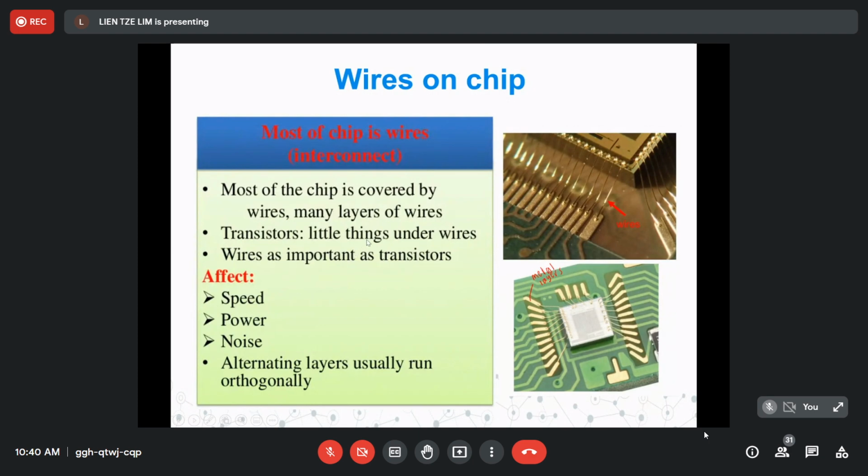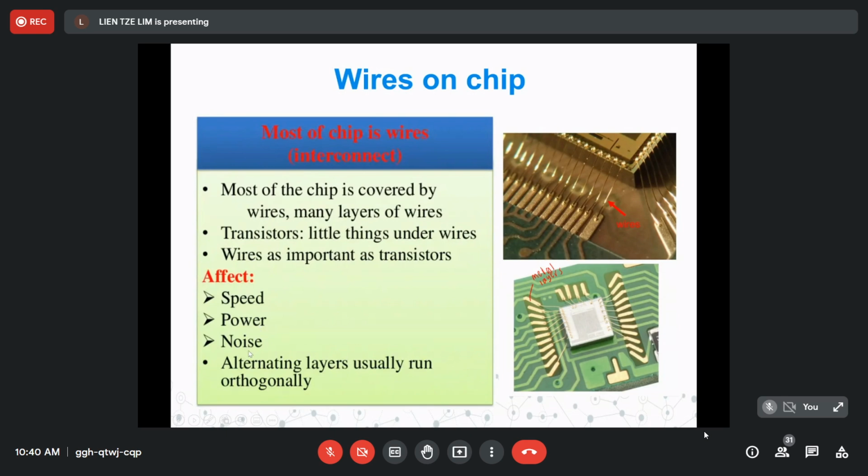It's as important as the transistor. Wire affects the signal speed and the power, where power here can be the power that it dissipates, and also the noise.